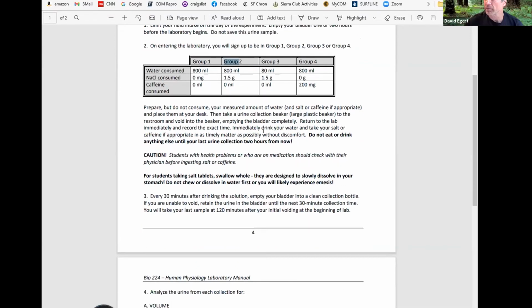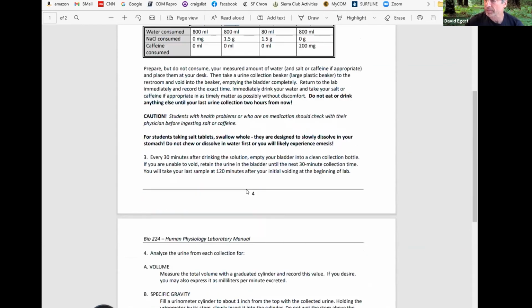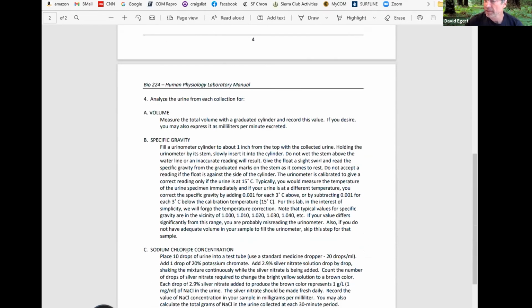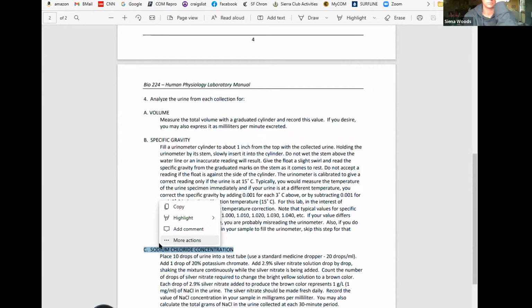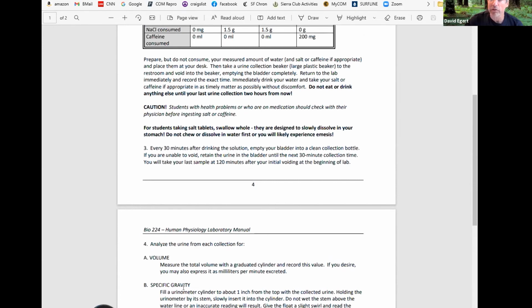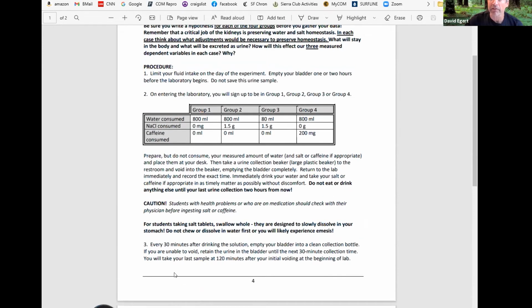So what else is going to be different as well? The specific gravity and the sodium chloride concentration. Remember, that's the other big thing we were talking about: electrolyte balance. When your kidneys are adjusting the filtrate, doing the reabsorption and secretion, they are trying to make sure that your levels of sodium chloride and other electrolytes are in homeostatic balance.